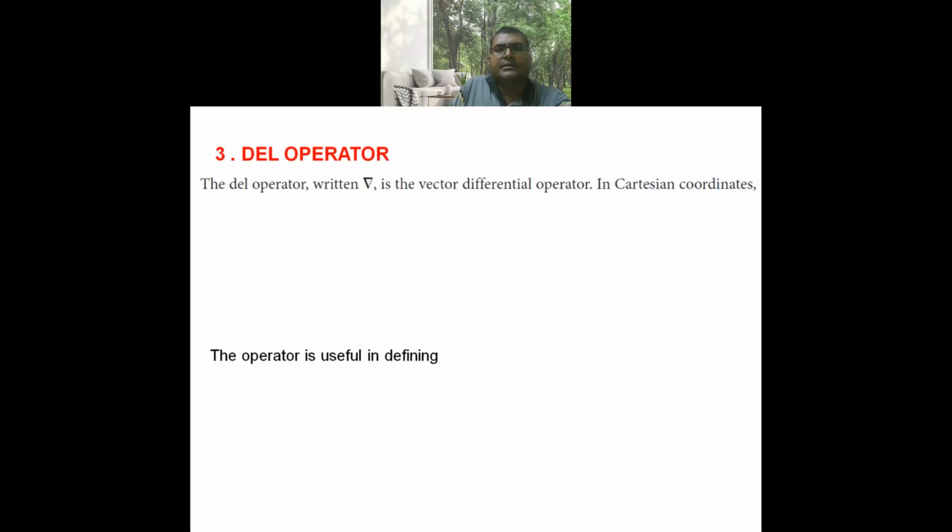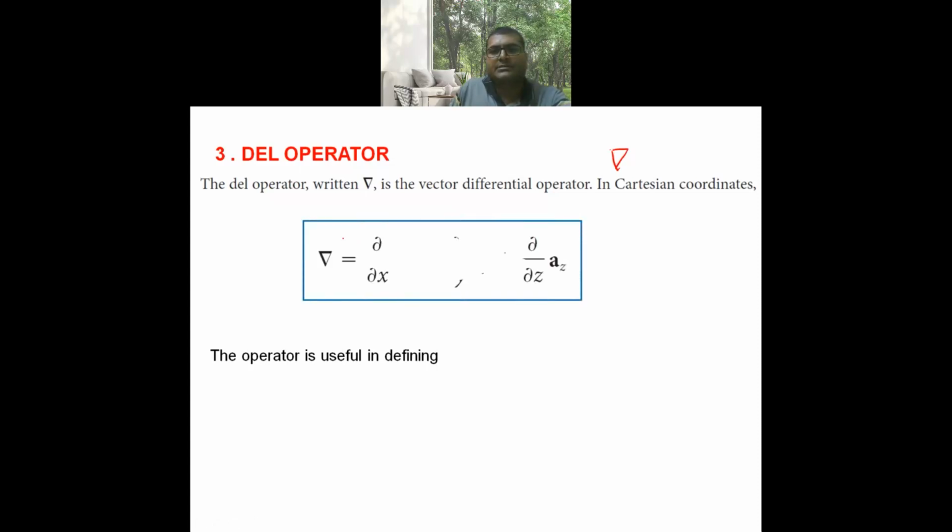The next is the del operator. It is represented by this symbol. It looks like a reverse triangle. Del is equal to dou by dou x of ax plus dou by dou y of ay plus dou by dou z of az.